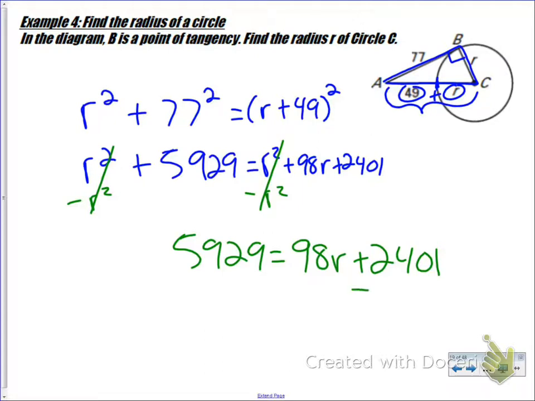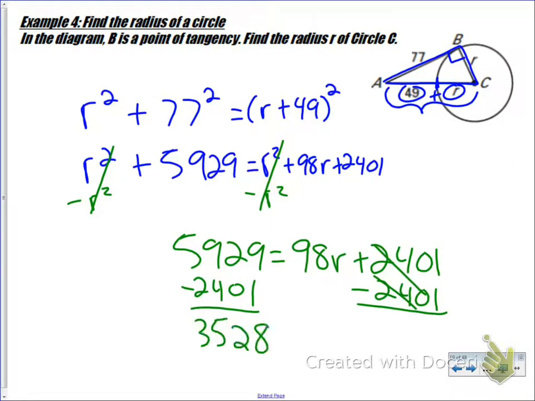So let's subtract 2,401 from both sides. 5,929 minus 2,401 is going to be 3,528. That's going to be equal to 98r. Last but not least, divide both sides by 98.